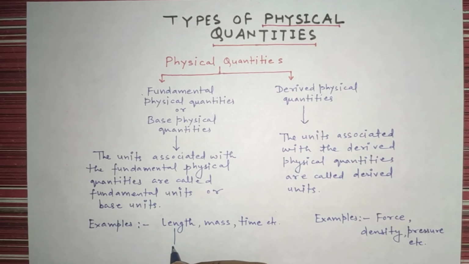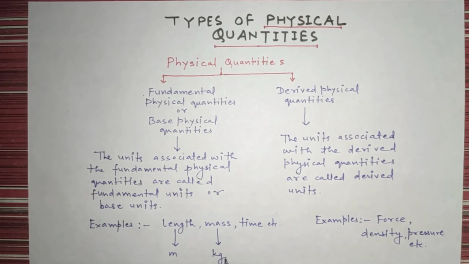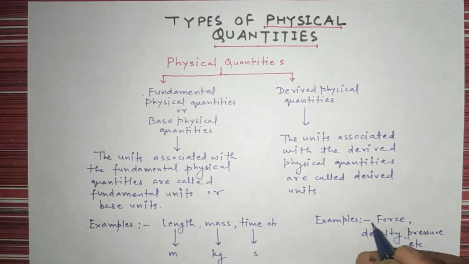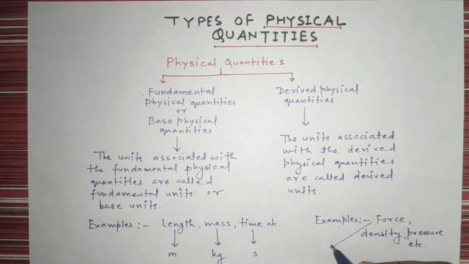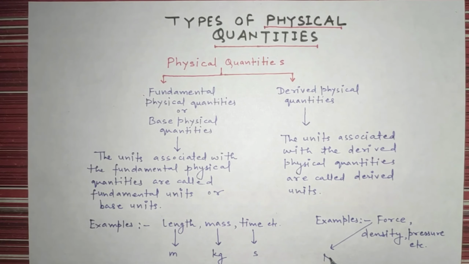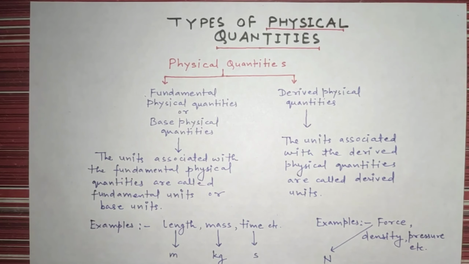For length it is meter, for mass it is kilogram, for time it is second, for force the unit is Newton, which we can write as kg meter per second square.